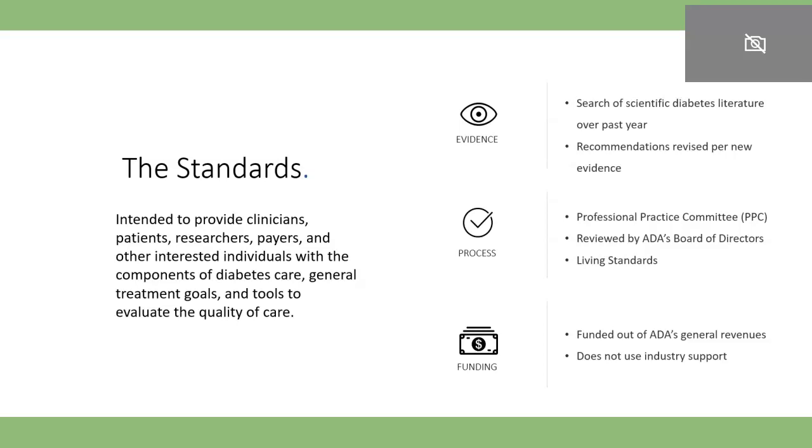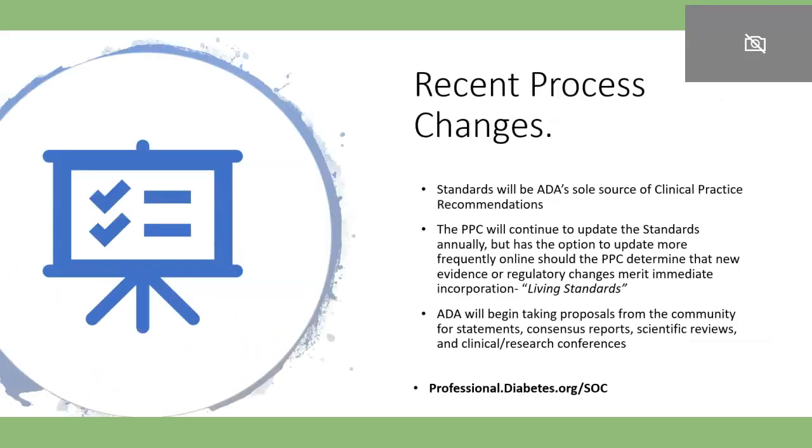Now, these are the standards, and how do we determine what the guidelines are? Well, we have evidence, and then we have committees that go through and make sure that this evidence is from really good studies, and I'll show you a slide in a minute. And then also we need funding to do this too. So it's out of the American Diabetes Association to make these guidelines, and it mentions it does not use any industry support.